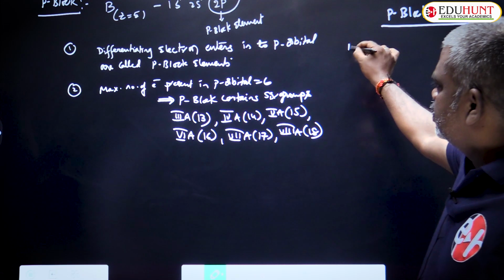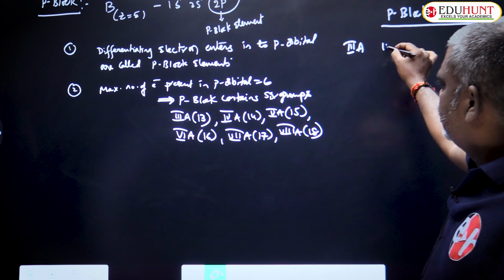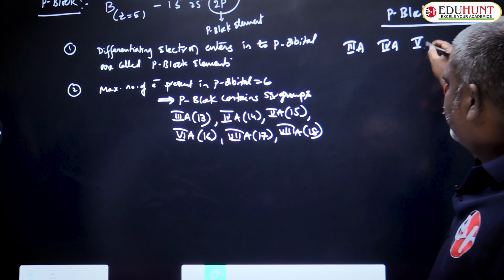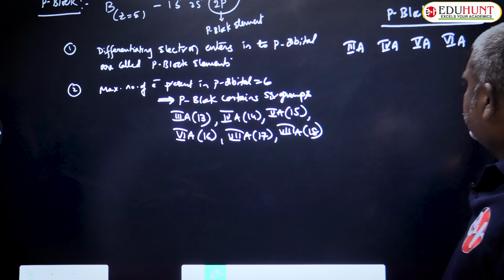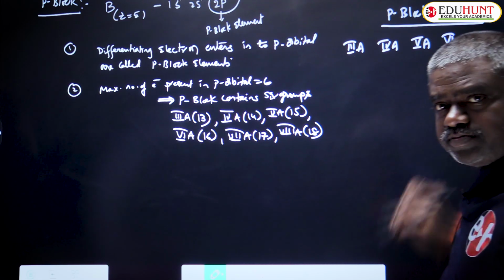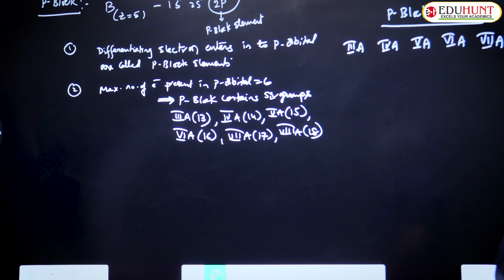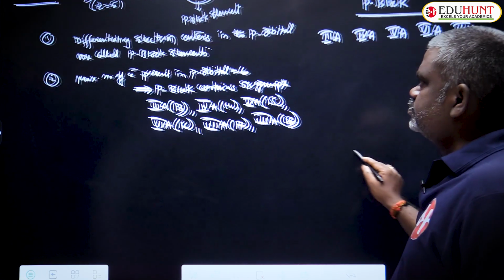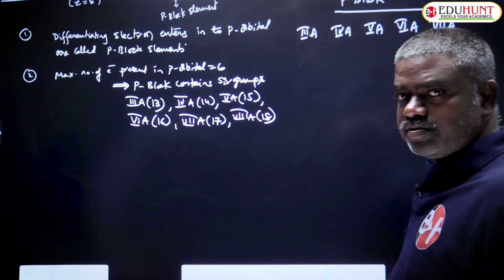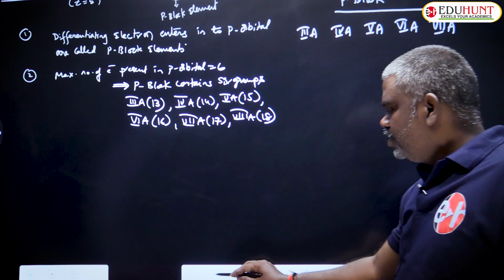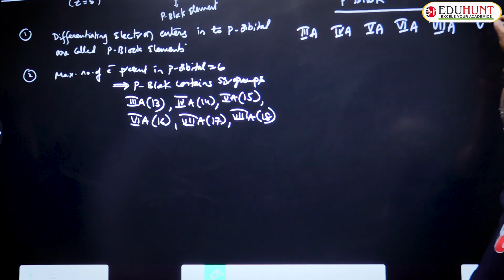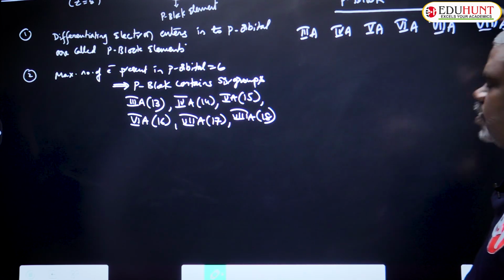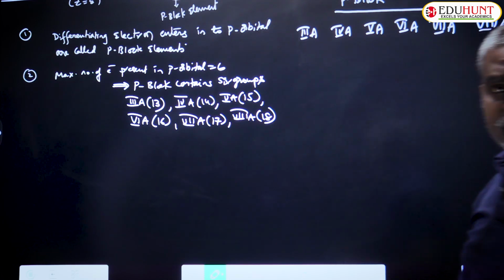There are 3A, 4A, 5A, 6A, 7A and 8A. These are the P block elements.